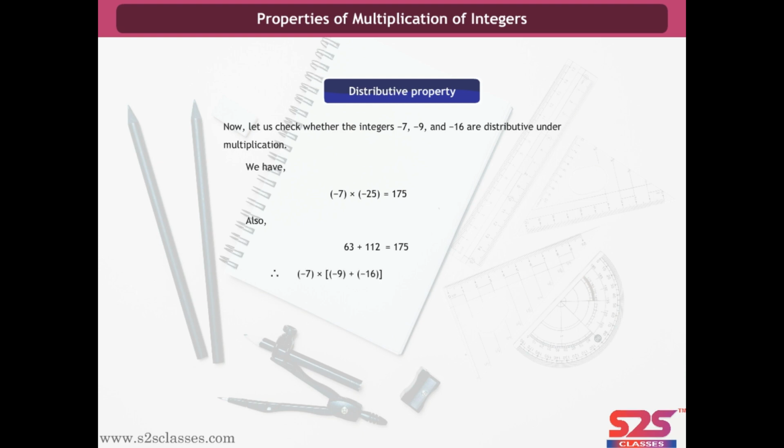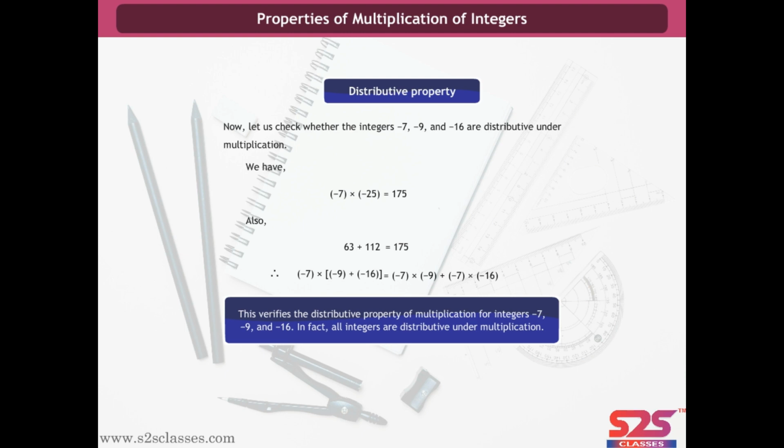Hence, -7 × (-9 + -16) is equal to (-7 × -9) + (-7 × -16). This verifies the distributive property of multiplication for integers -7, -9 and -16. In fact, all integers are distributive under multiplication.